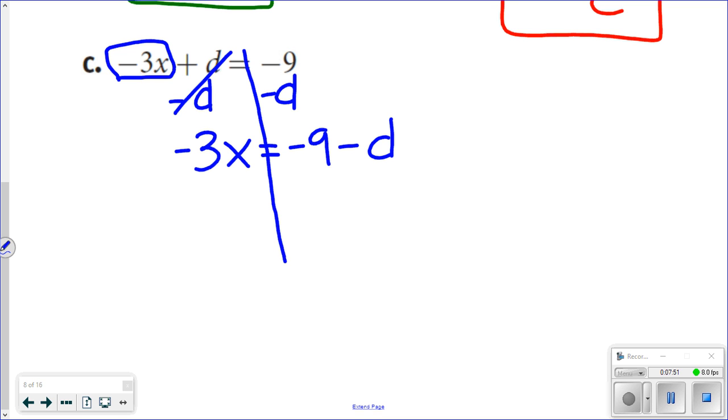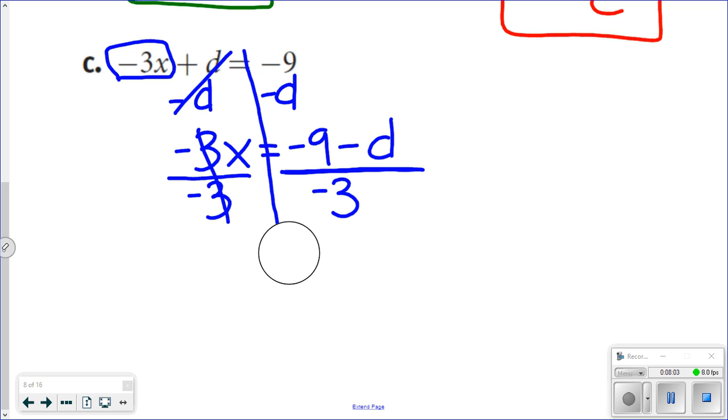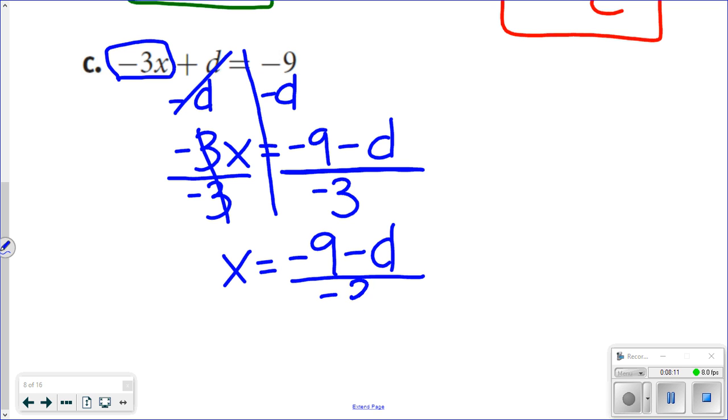I want x all by itself on the left, so I need to get rid of this negative 3, so we need to divide. Those cancel. Make one big fraction bar. Our answer is x equals negative 9 minus d all over negative 3. Whoa, that's a lot of negatives here. We should probably cancel out some of our negatives. Let's do negative 9 divided by negative 3.